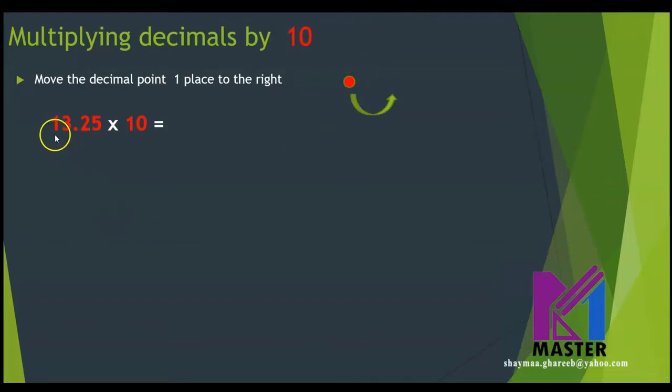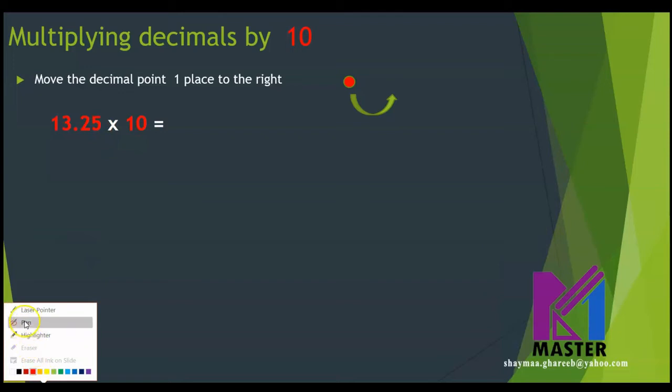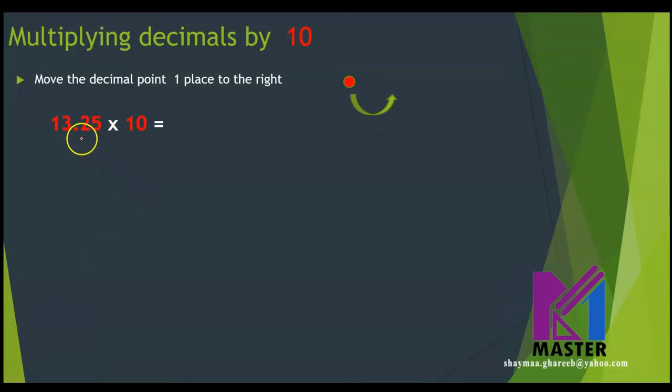Let's apply this on our number 13.25. So I will move the decimal point one place to the right. So it will be here between the 2 and the 5. Then our number will be 132.5.